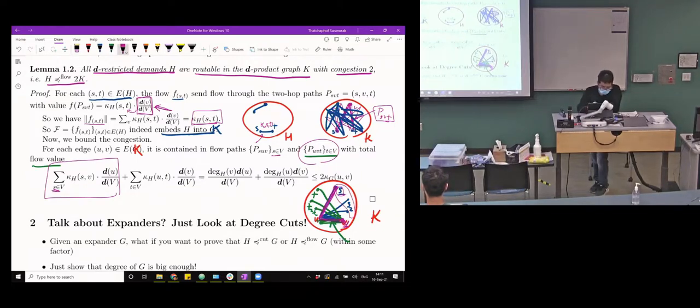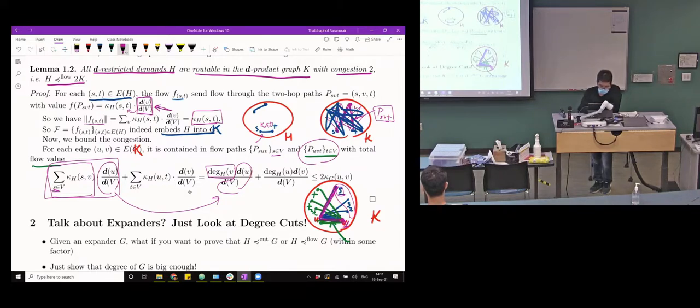Well, what is that? It's like summing this thing over all S, which is the degree of V in H. And this is a factor here. Make sense?